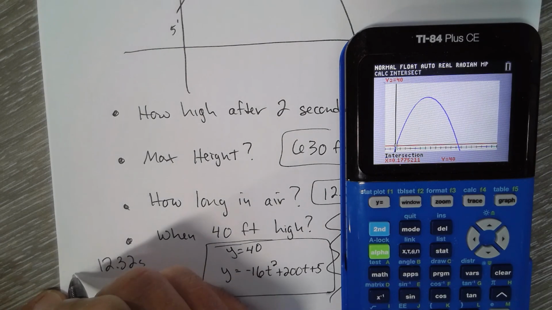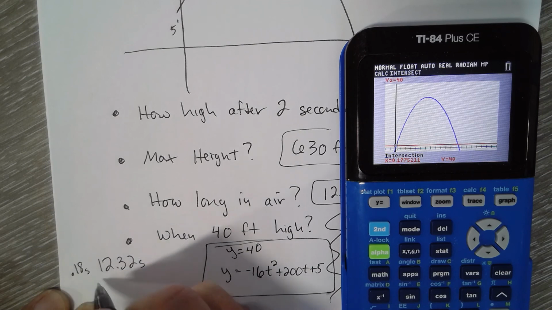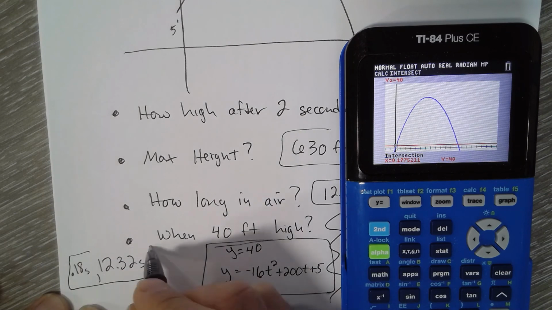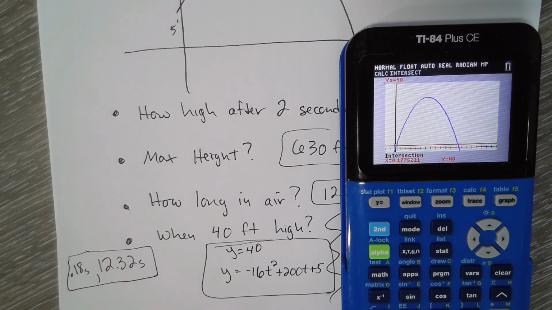So 0.18 seconds and 12.32 seconds is when it is 40 feet high.